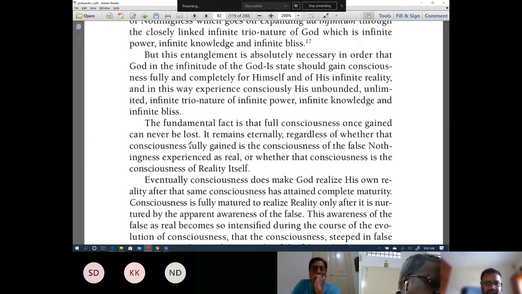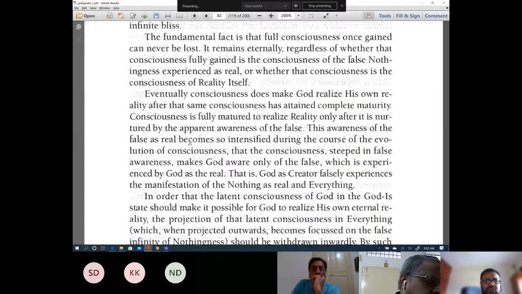The fundamental fact is that full consciousness, once gained, can never be lost. It remains eternally, regardless of whether that consciousness fully gained is the consciousness of the false nothingness experienced as real, or whether that consciousness is the consciousness of reality itself.